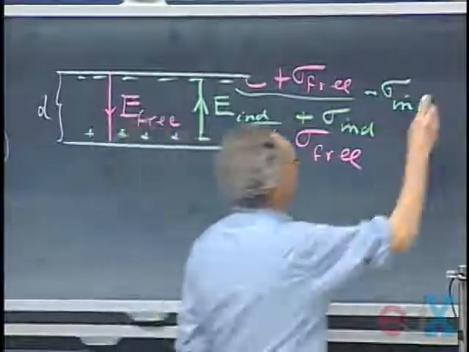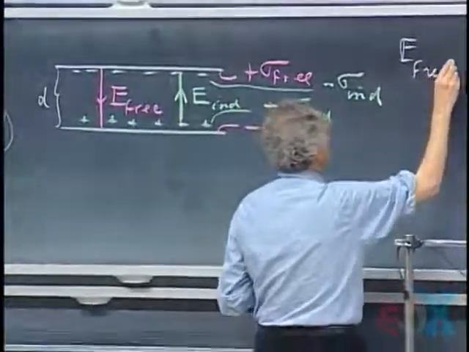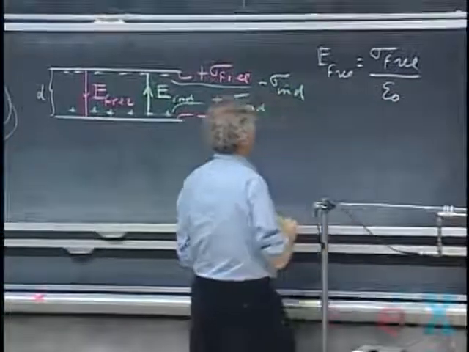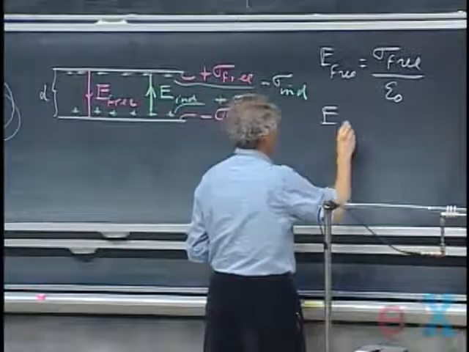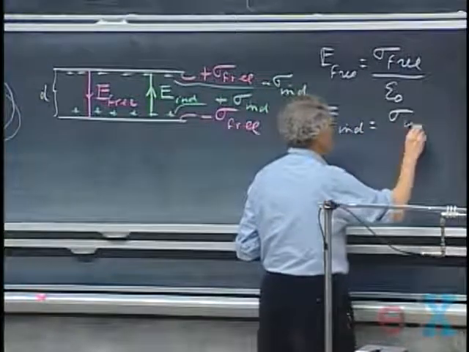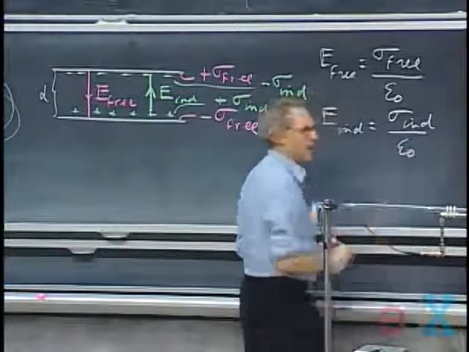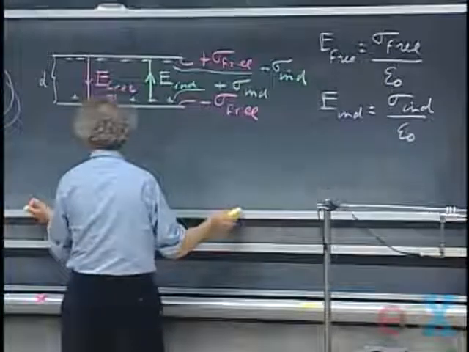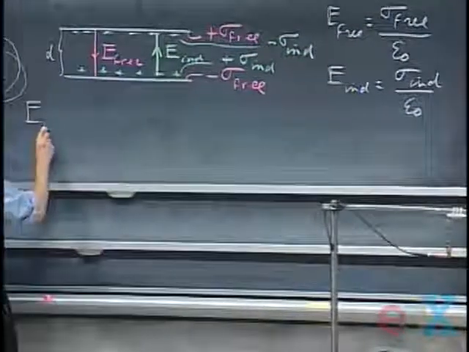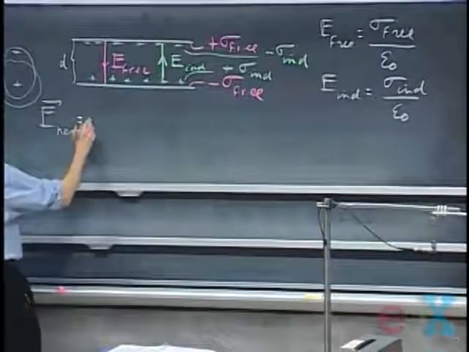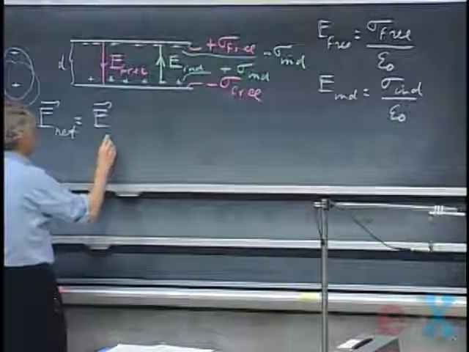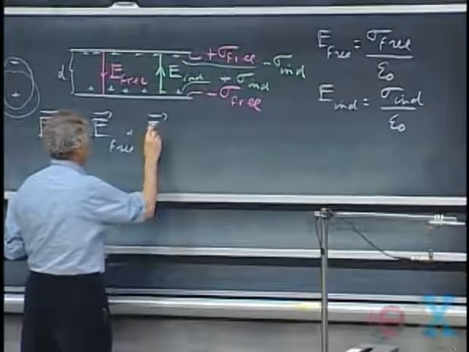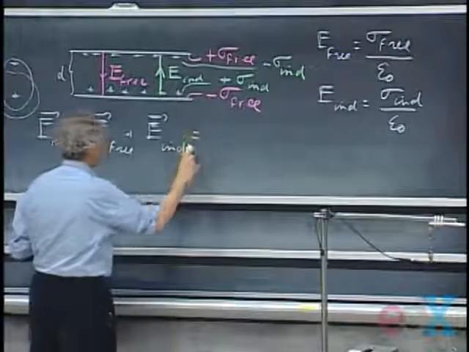And clearly E free is, of course, the surface charge density divided by epsilon 0, and E induced is the induced surface charge density divided by epsilon 0. And so the net E field is the vectorial sum of the two. So E net, I give it a vector, is E free plus E induced, vectorially added.